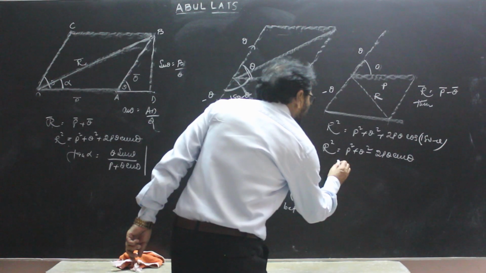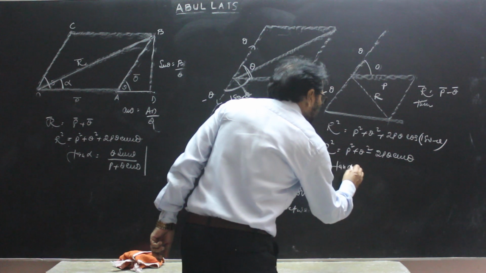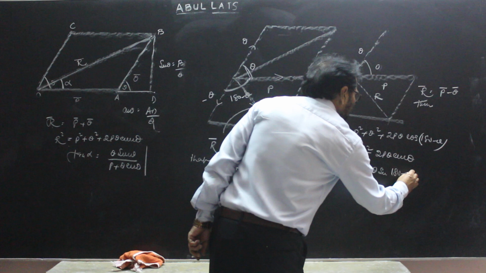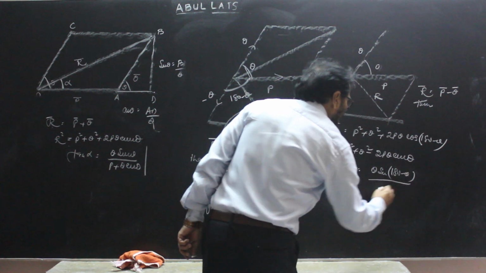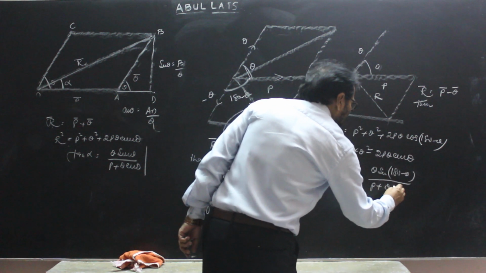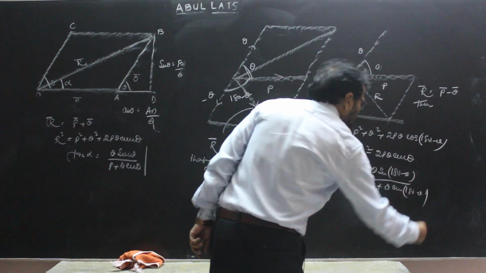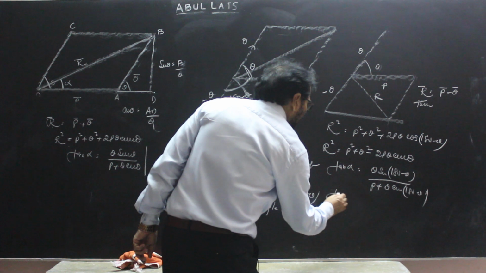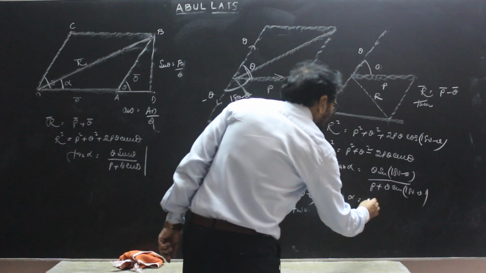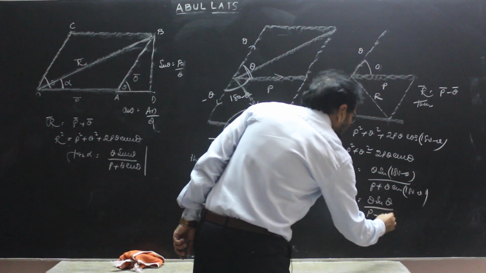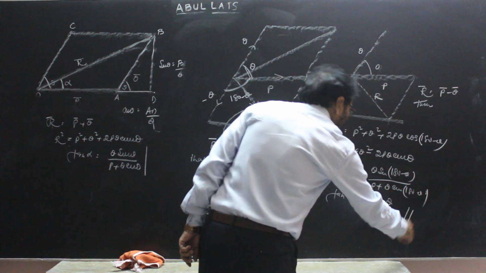And tan alpha is Q sin of 180 minus theta over P plus Q cos of 180 minus theta. So tan alpha is Q sin theta over P minus Q cos theta.